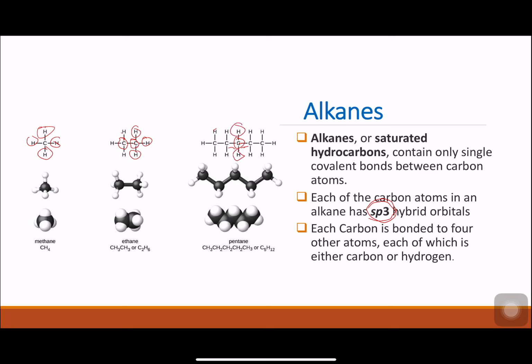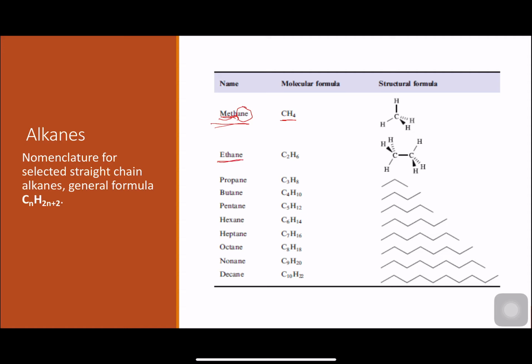So the prefix meth, and then the suffix ane, so we end up with methane. If we have two carbons, it's called ethane: eth, and then ane. Three carbons, it's propane. Four, butane. Five, pentane. Six, hexane, heptane, and then you can carry on depending on the number of carbons.